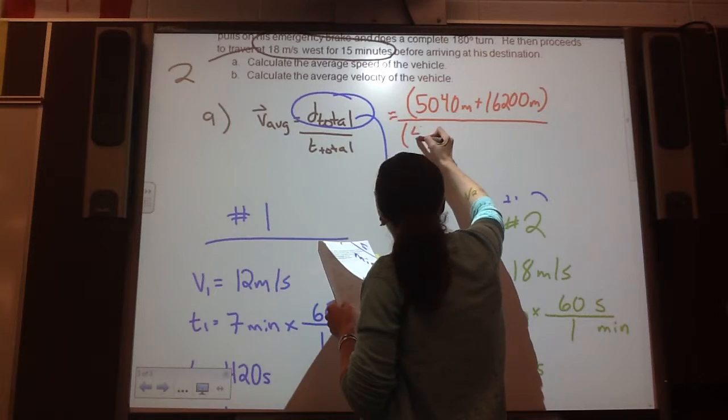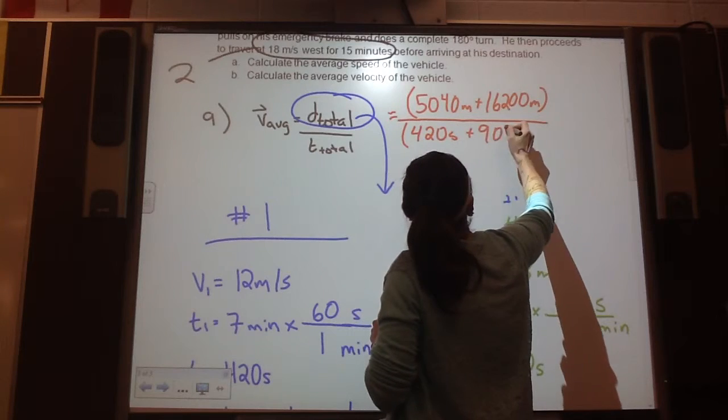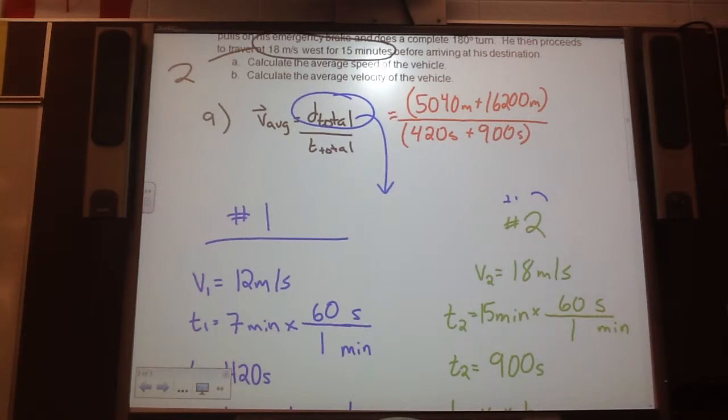So 420 seconds plus 900 seconds. Now, when you put this into your calculator, do it exactly as it's written. Write it in brackets. So if you want to do the top in brackets, divide it by the bottom in brackets.